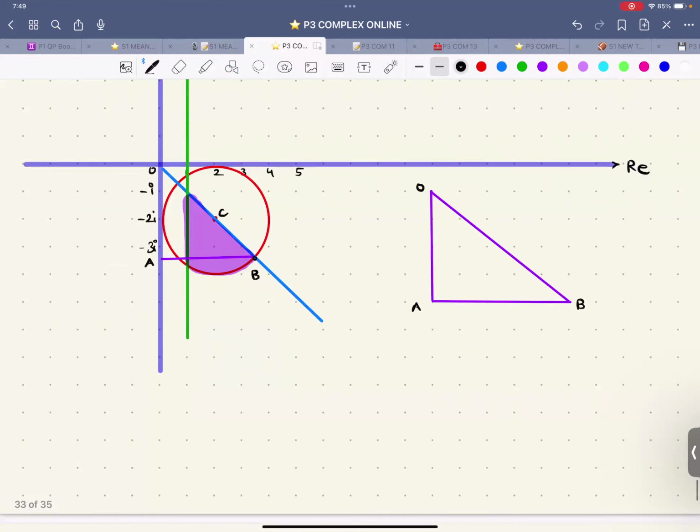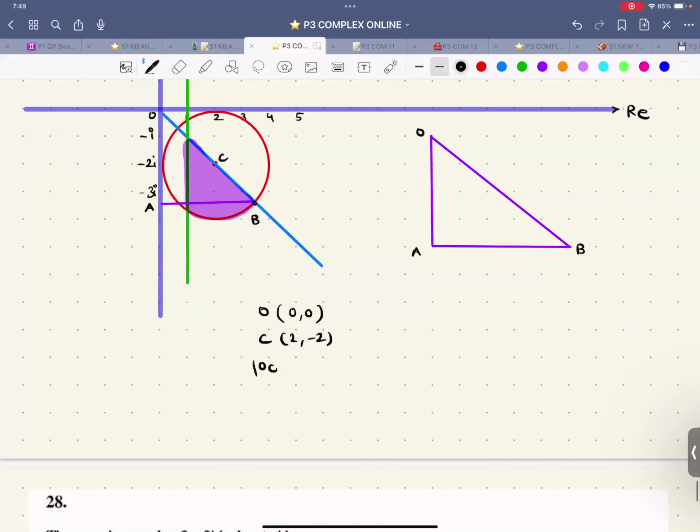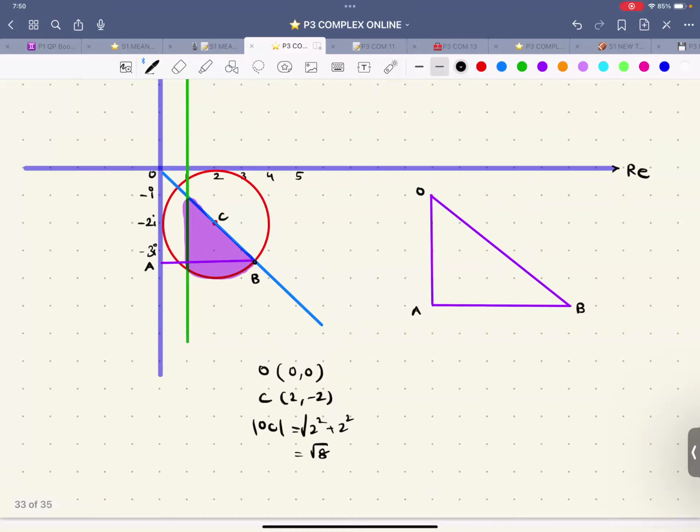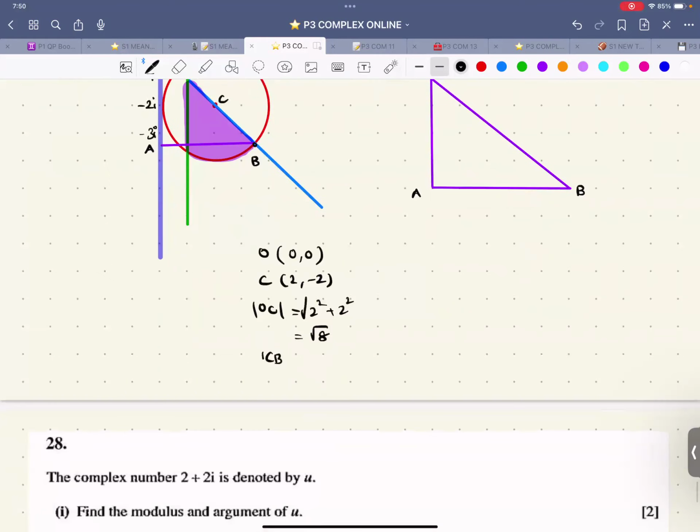Now O is the origin, that is 0, 0. C is 2, negative 2. Therefore, the magnitude OC is the square root of 2 squared plus 2 squared, which comes out to be root 8. And we know that CB, that is the radius, is 2 units.